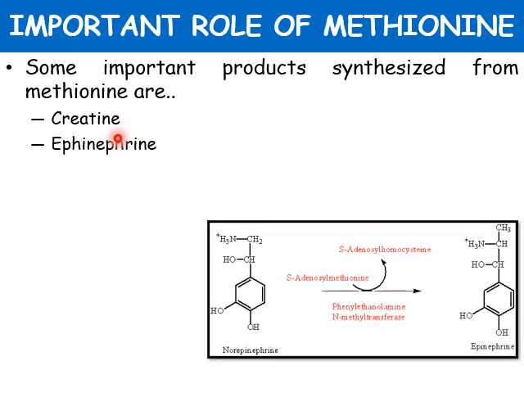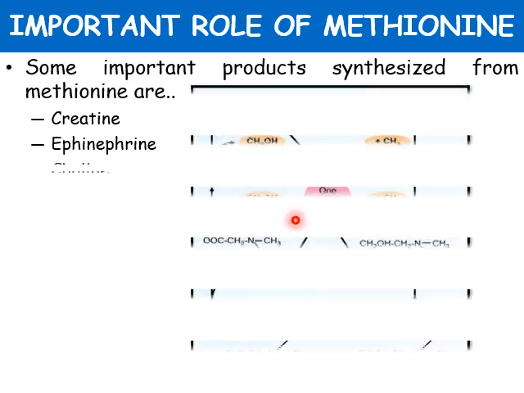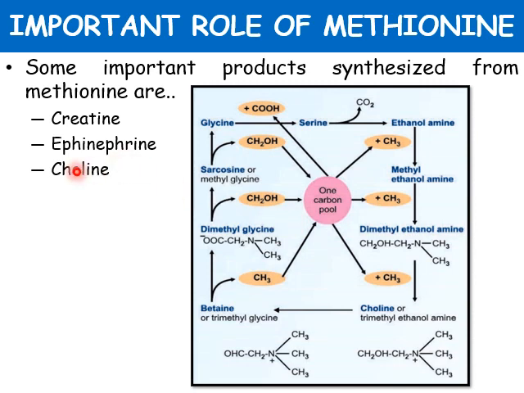Then epinephrine. We have seen this in aromatic amino acid metabolism. Norepinephrine gets a methyl group from S-adenosyl methionine here. Here you can see this is the methyl group. This norepinephrine is getting converted into epinephrine. Then the choline.